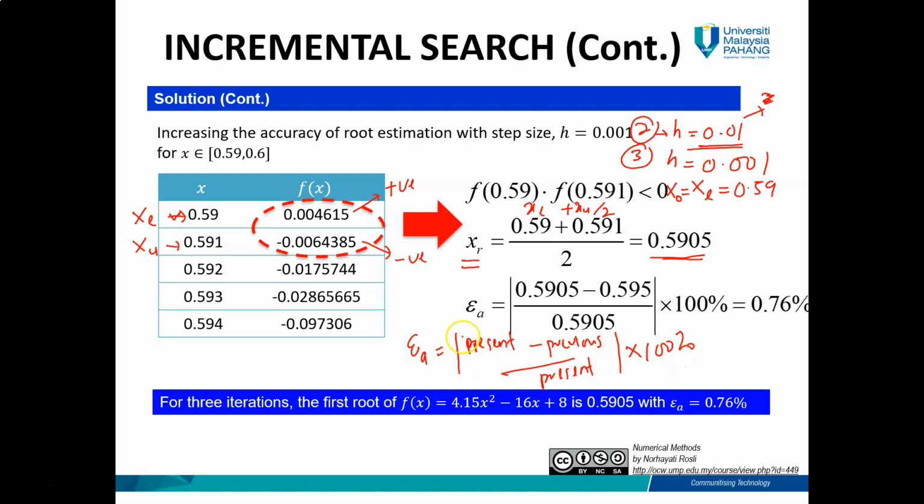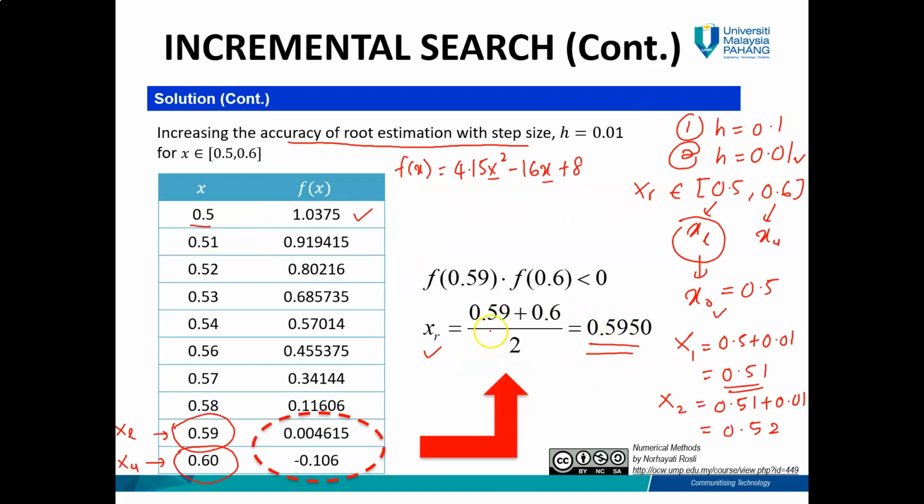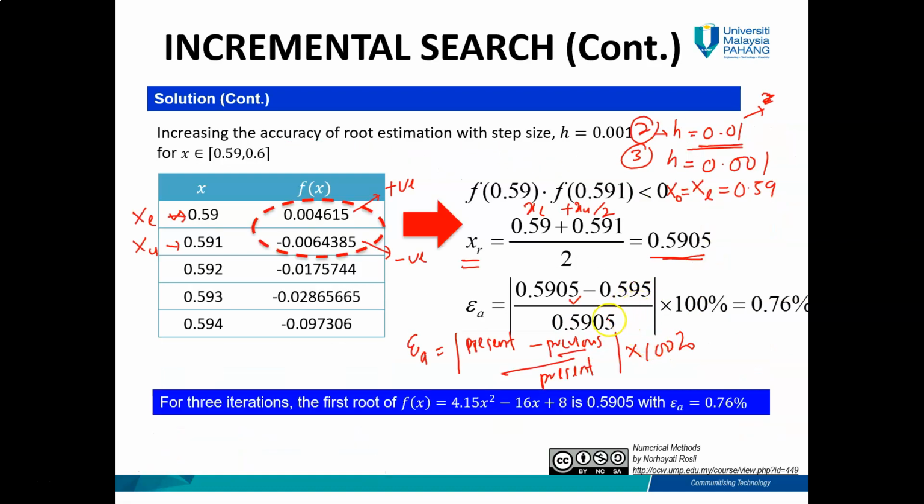So now, the present value here means our x_r at this iteration, which is now 0.5905, and the previous value is x_r at the previous iteration, which is 0.5950. We substitute here, divide by the present value, multiply by 100%, and we get the answer 0.76% error.